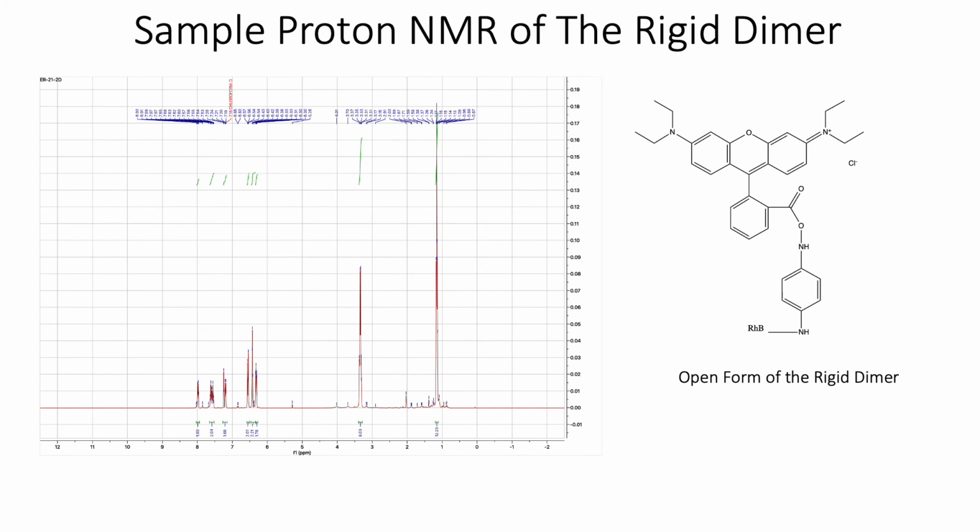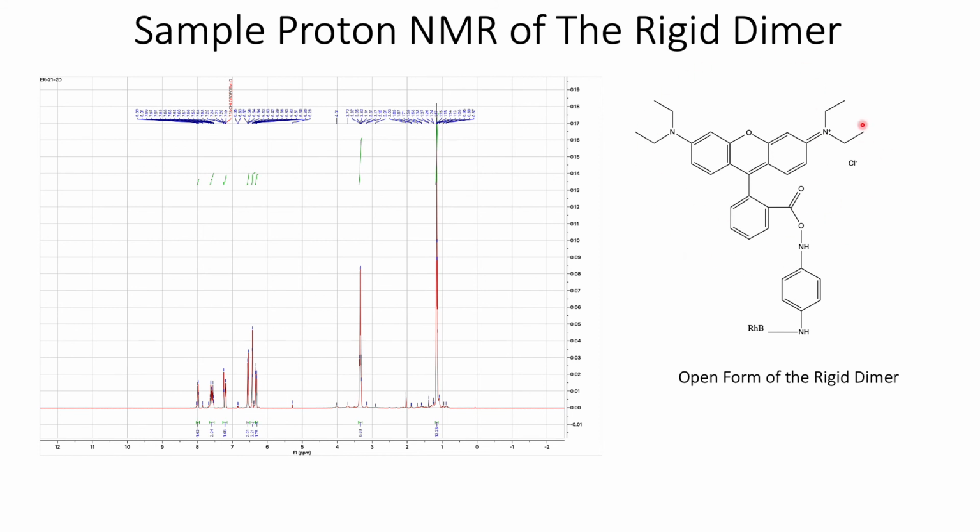And differently than the last two compounds in that 7.4 region, the multiplets here are not as narrow and are more of a nice pair of multiplets, which indicates to us that that is likely the open form of the rigid dimer, which can be shown here.